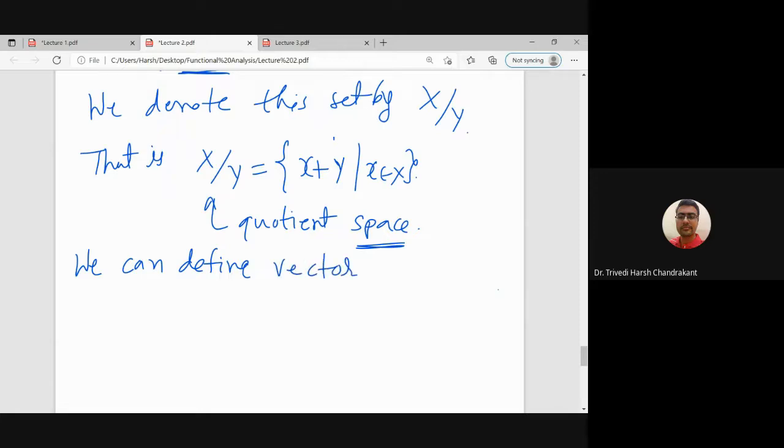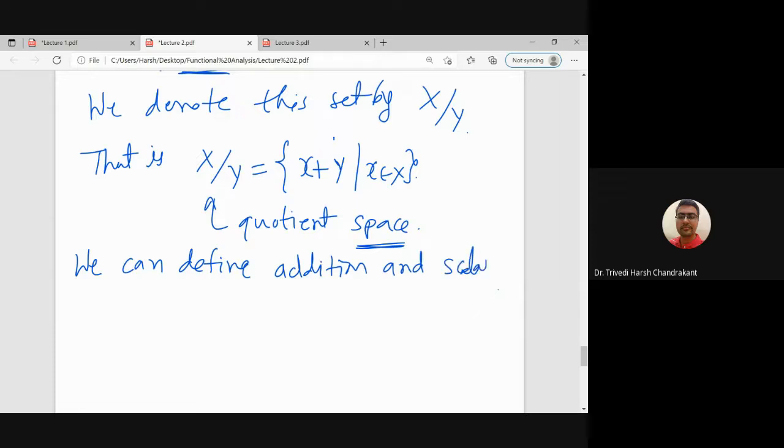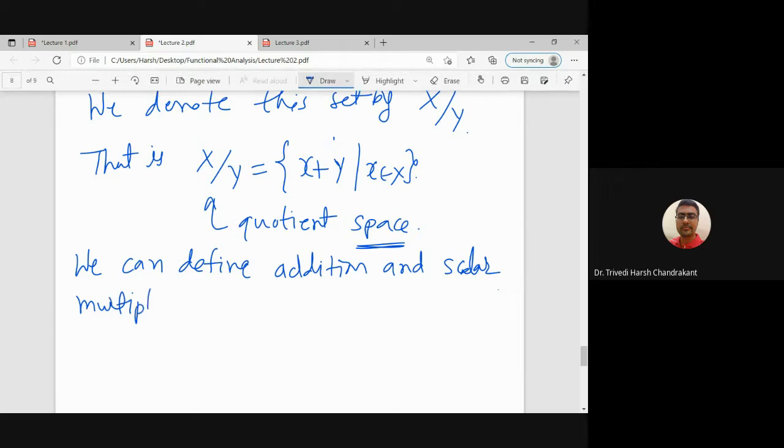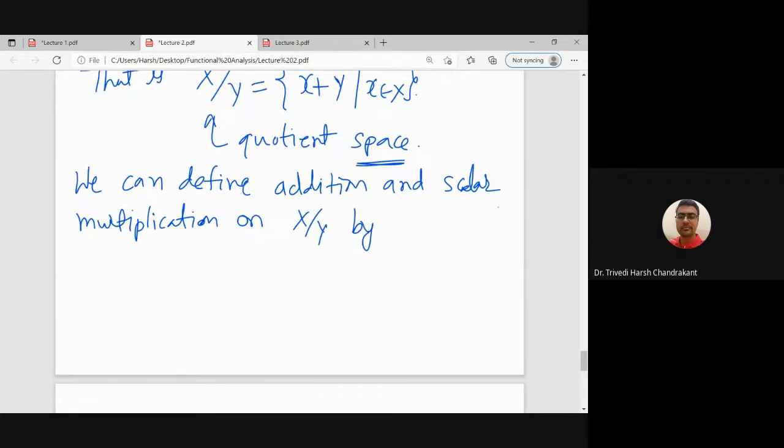So basically addition and scalar multiplication on X quotient Y. So for that we will take two elements to define vector addition. So the first element is x1 plus Y. We are adding it to x2 plus Y. Right.